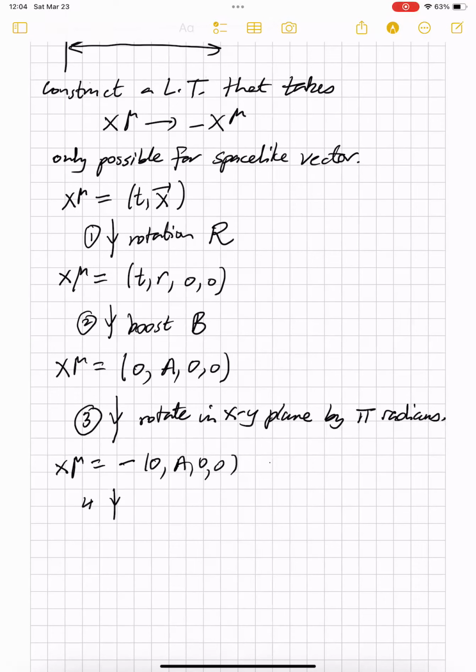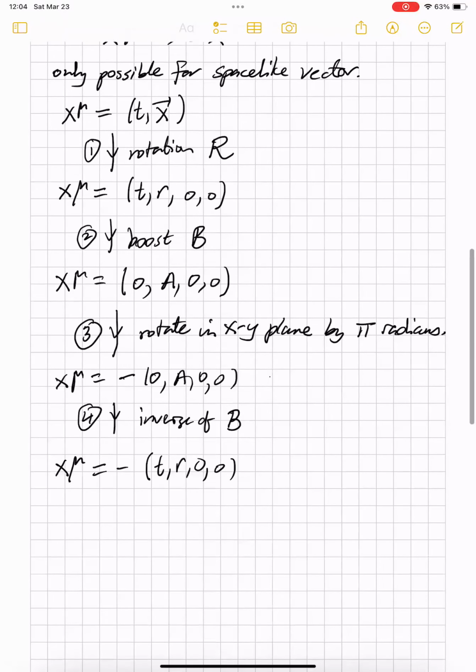Then the fourth thing you can do is the inverse of the boost B. The boost took you from (t, r, 0, 0) to (0, A, 0, 0). So the inverse will take you to (-t, r, 0, 0)... and then the fifth step that you can do is the inverse of R.